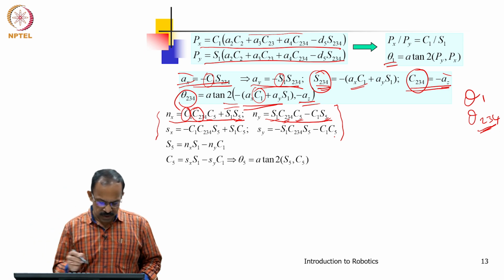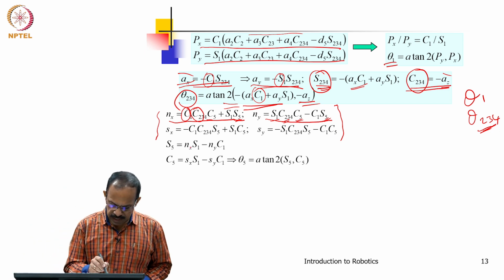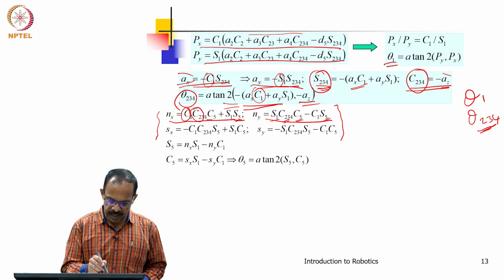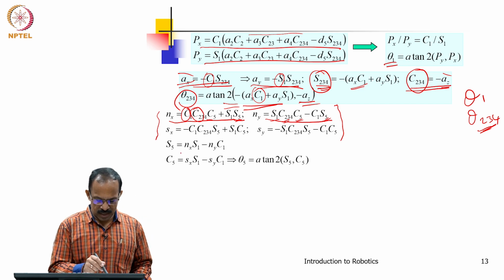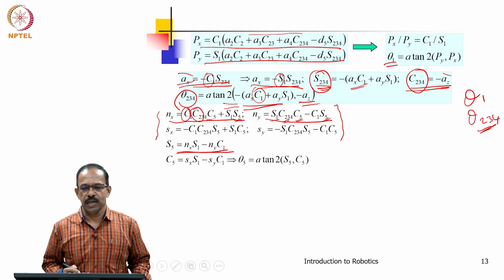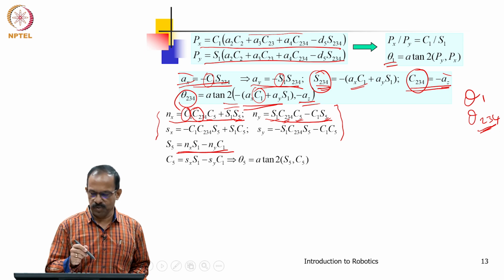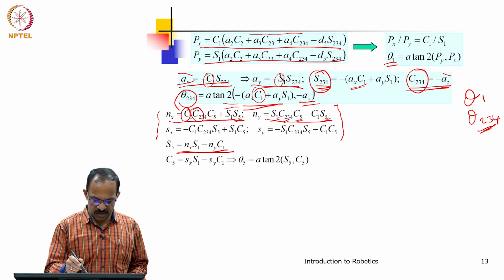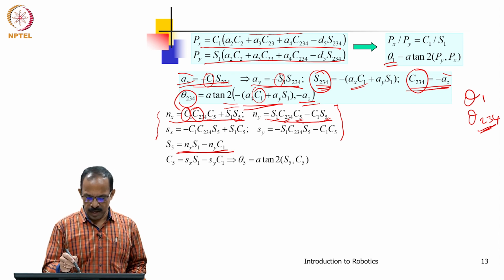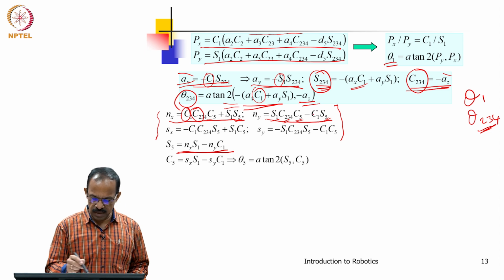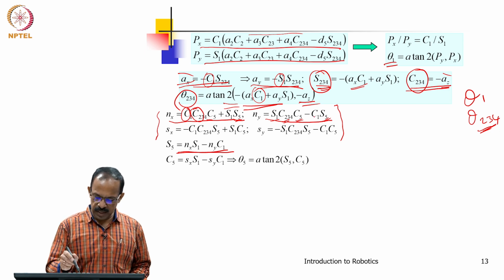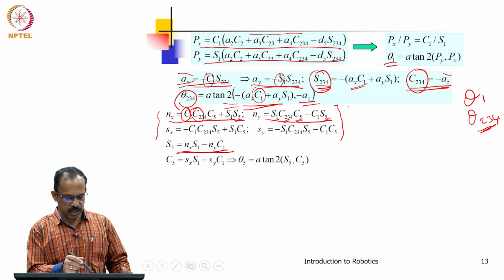Now, if you multiply Nx with S1 and Ny with C1 and then subtract, you will get S5. Nx S1 will give C1 S1 C234 C5 and S1 square S5, and Ny C1 will give S1 C1 C234 C5 and C1 square S5. When you subtract, the C234 C5 terms cancel, and what remains is S1 square S5 plus C1 square S5, which is only S5.